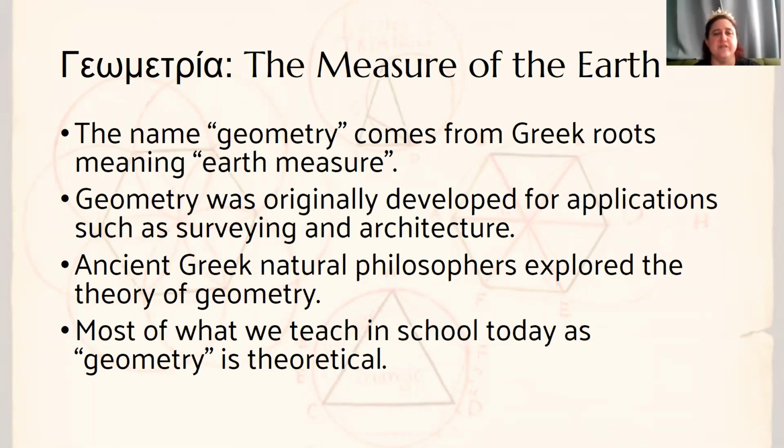And so one of the areas they took that into was to try and figure out what the fundamental truths of the universe were. And they discovered geometry, the theoretical geometry. Most of what we teach in school today as geometry is the theoretical stuff. It's not the applied stuff.